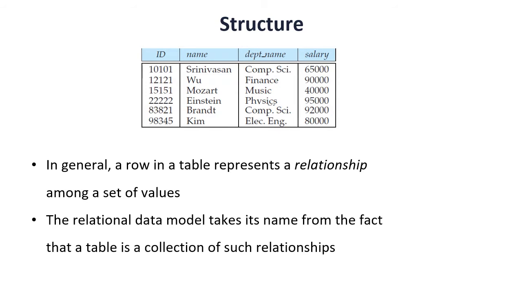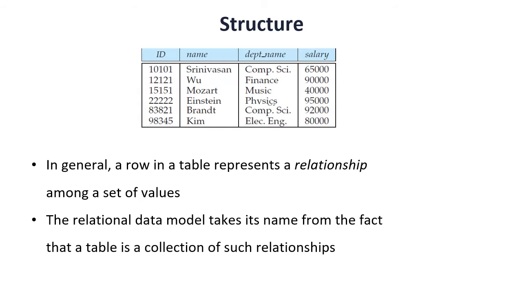In general, a row in a table represents a relationship among a set of values, and it describes a single entity. The relational data model takes its name from the fact that a table is a collection of such relationships.